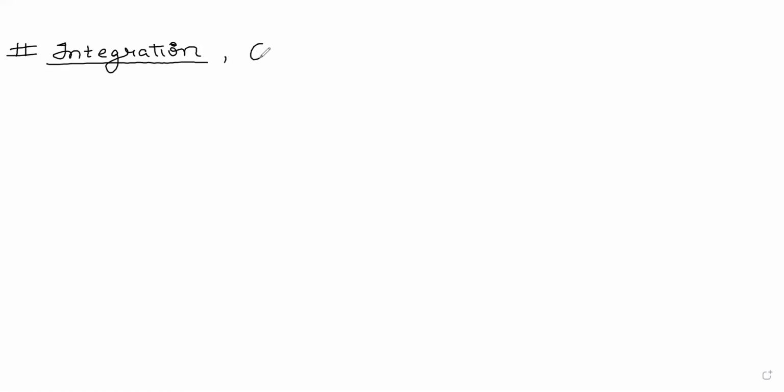Formally, this is chapter 10 of the book I prefer to follow for the Mathematical Methods in Economics Part 2 course, which is Sydsaeter and Hammond. This is the book I prefer to follow for my lectures on integration, the 4th edition of this book.